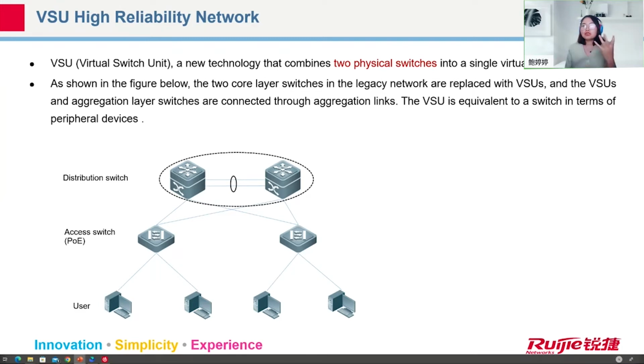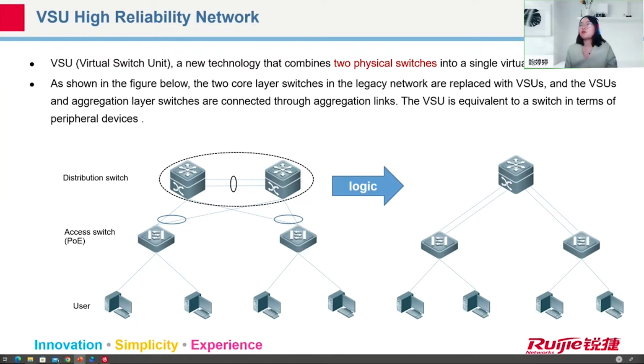So for the customer, the logical topology will be like this one. We only have two access switches and one logical distribute switch, and we have multiple links to connect with each other. So in this scenario, we can do link aggregation together.